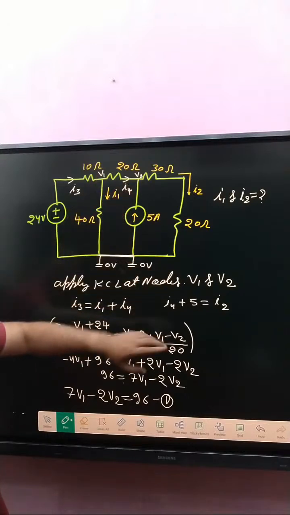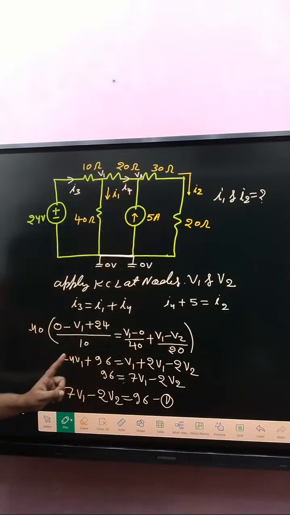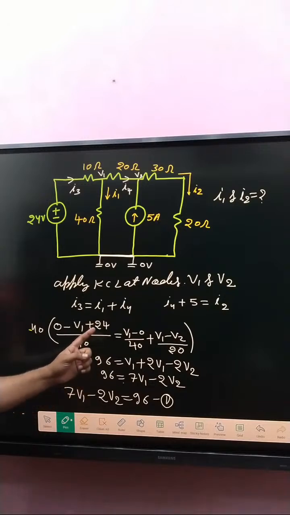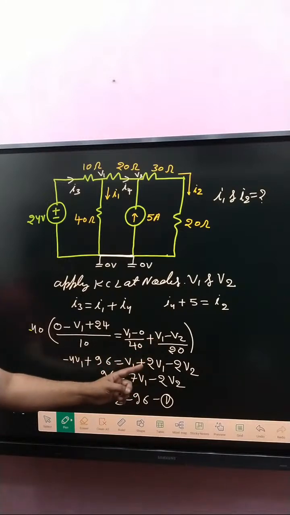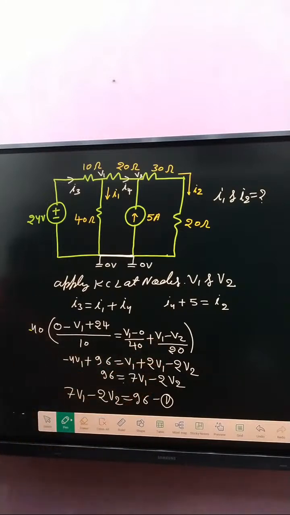V1 minus V2 divided by 20, right? After that multiply both sides by 40, then we got how much? Minus 4V1 plus 96. Okay, and that one is V1 simply, and that is 2V1 minus 2V2. After solving we got like that one. That is equation number 1. If anyone faced any problem with any step, then tell me, I will discuss again.